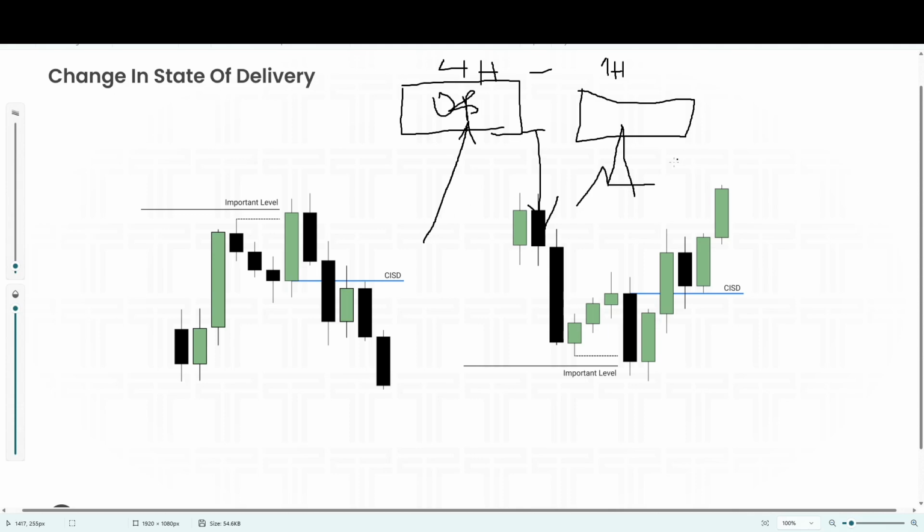This line. This line. When price comes, the 1-hour candle closes. You have to wait for the 1-hour candle to close above this line, or below this line in this case. But that's the CISD, for example, we are seeing here.